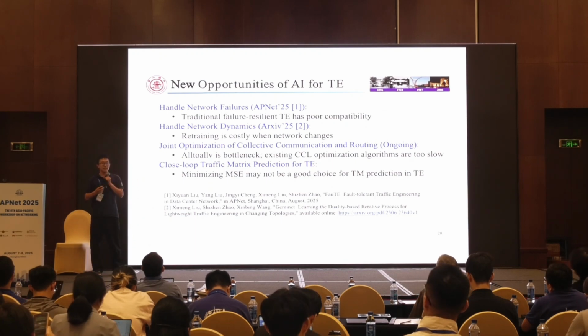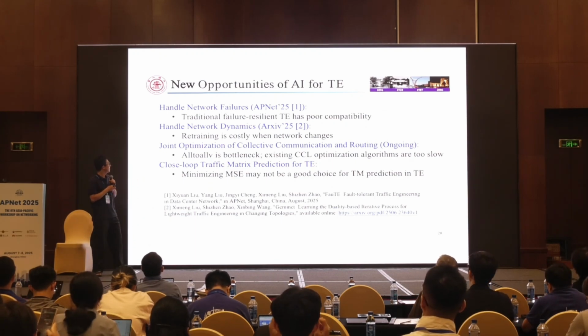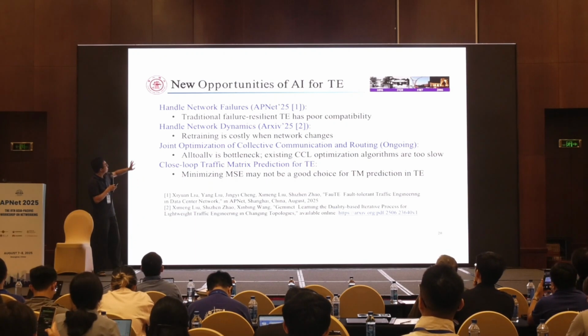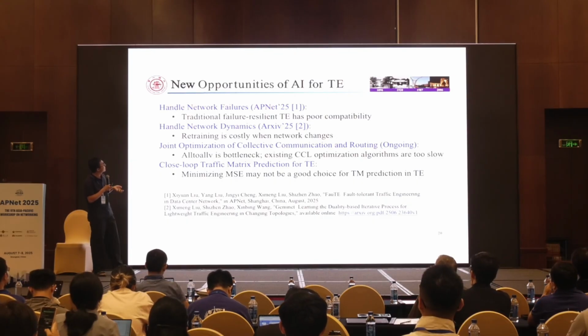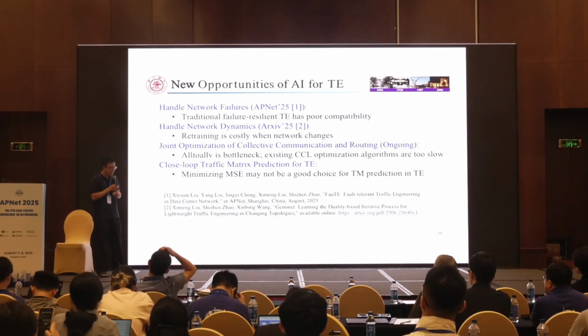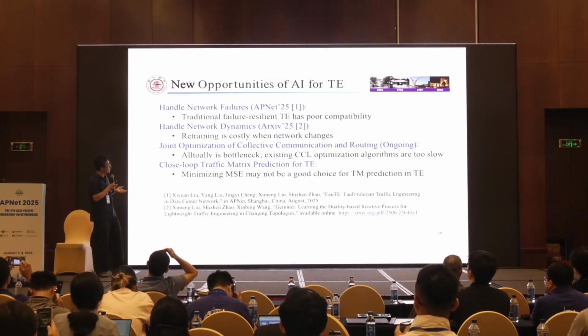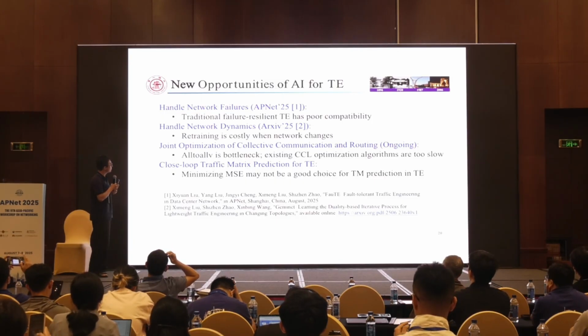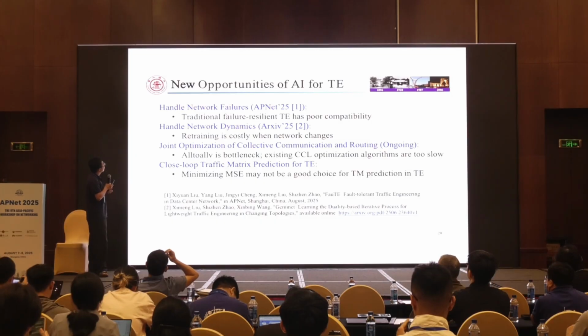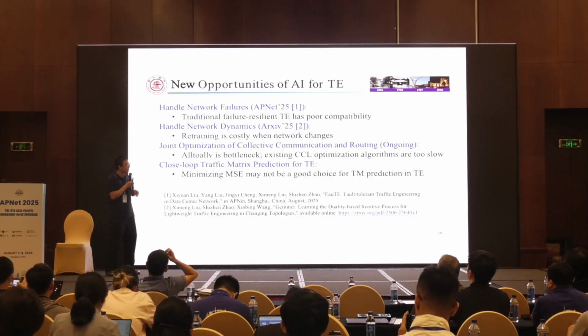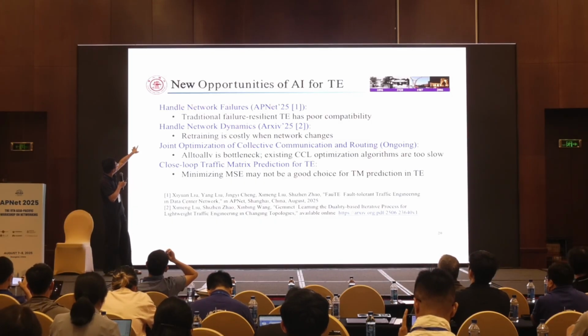This is the last slide of my talk. I think that AI for traffic engineering has many promising research directions. For example, in tomorrow's talk, we have an AI approach to handle network failures.